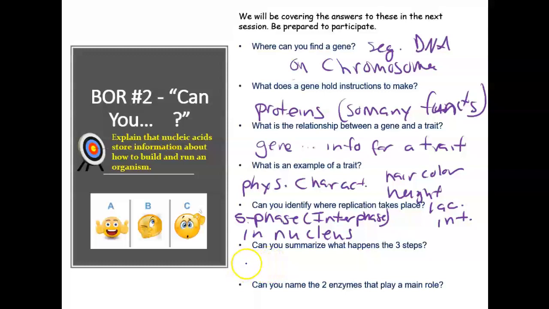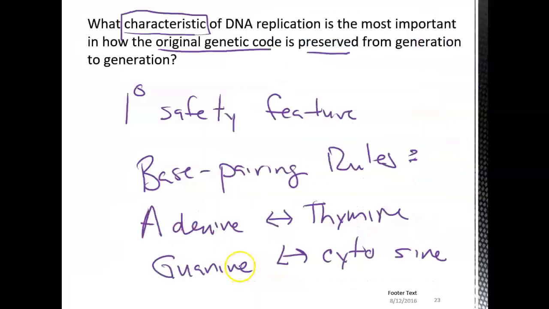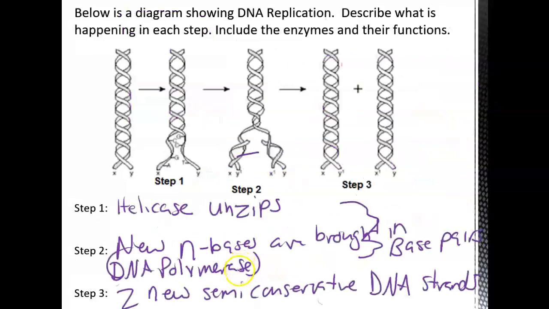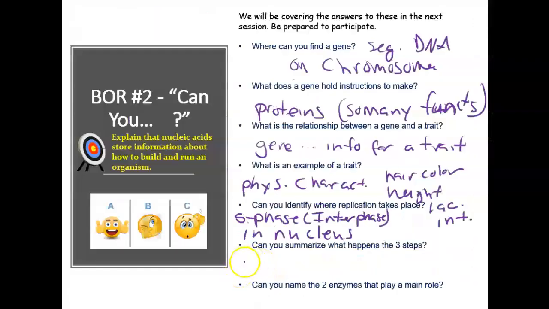The 3 steps, in order to summarize that, because I don't have a lot of space, I would ask you to go back to this, right? So when you summarize these 3, make sure you know the helicase enzyme, the DNA polymerase enzyme, and then the base pairing rules.